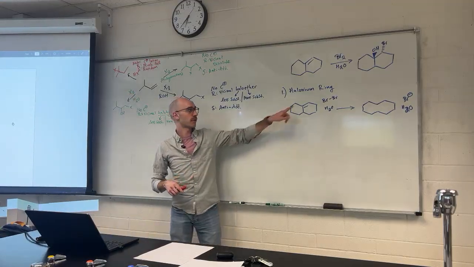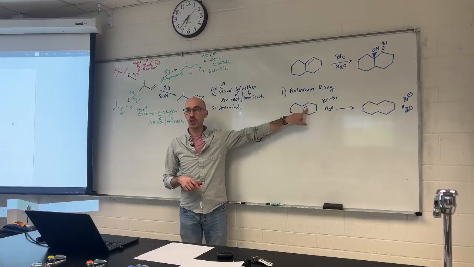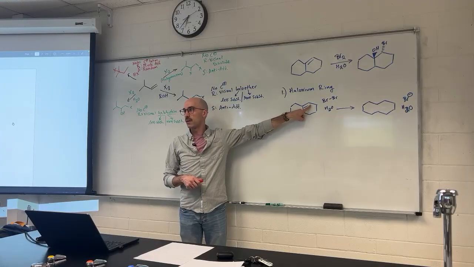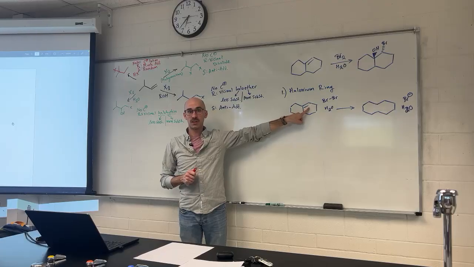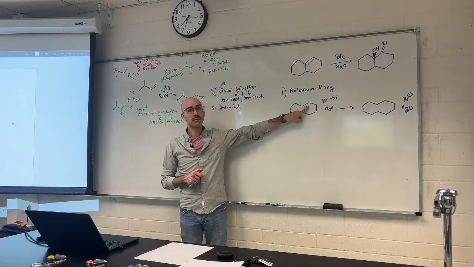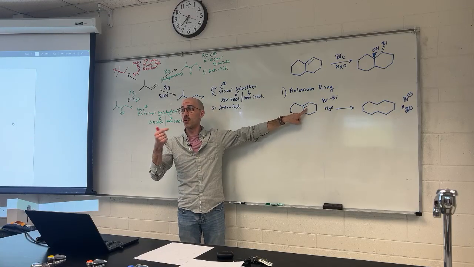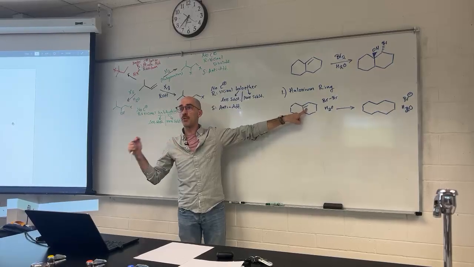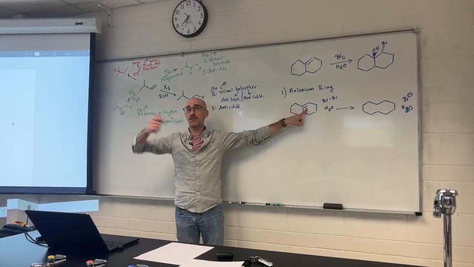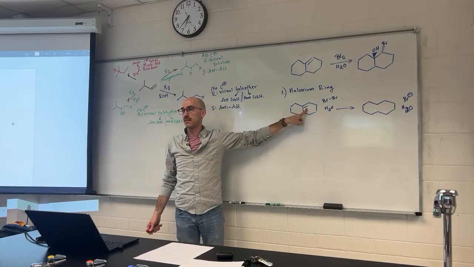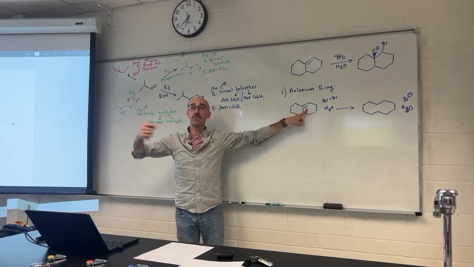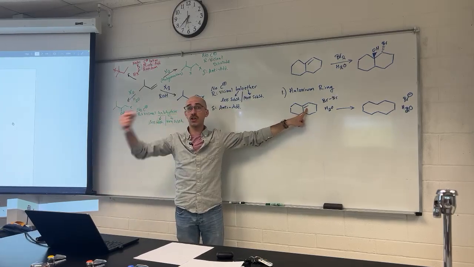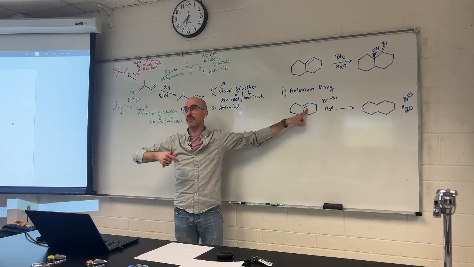But do you remember that there is a partial charge difference across a more substituted and a less substituted alkene? Where's the partial positive? On the more substituted. So when the bromine lone pair attacks, where does it attack? More substituted. Electrons always go to a partial positive.